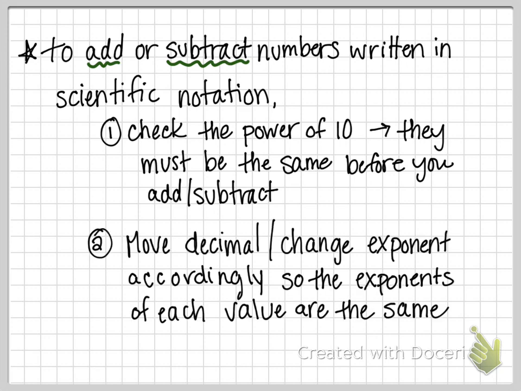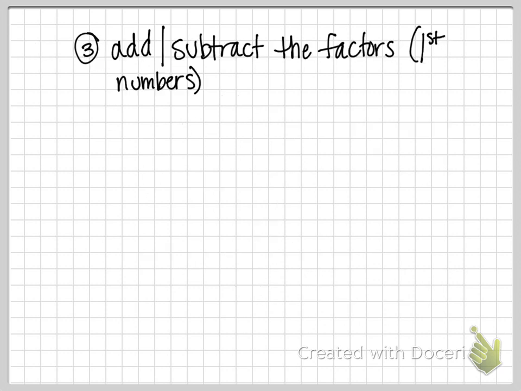Then, to follow with that, if the powers of 10 don't have the same exponents, make sure you move the decimal, change the exponent, so that the exponents of each value, each power of 10, are the same. Once those exponents are the same, we add or subtract the factors, which are those first numbers that come before your times 10.